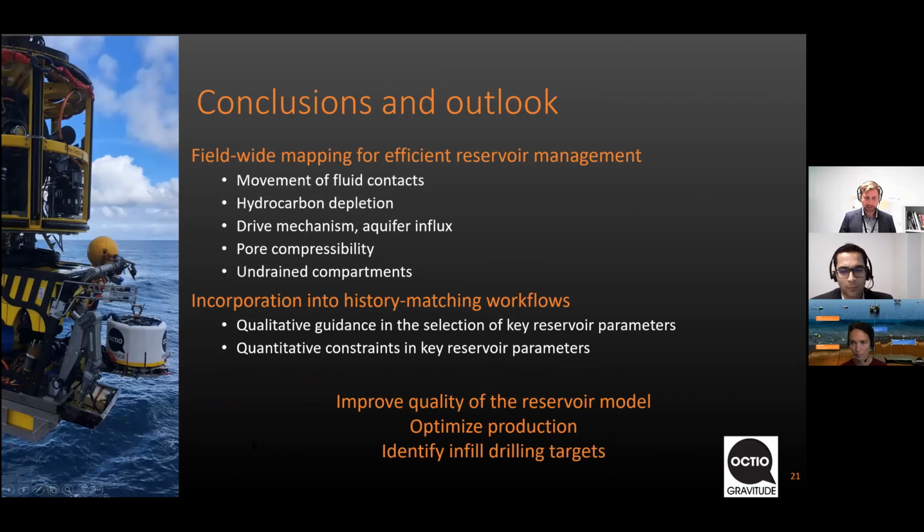So by that, I want to just say a couple of words for conclusion, and it's that this type of technology can provide field-wide mapping and, of course, allow for better and more efficient reservoir management. We can map movements of fluid contacts, hydrocarbon depletion, and understand better the effects of aquifer influx and of course also drive mechanism.